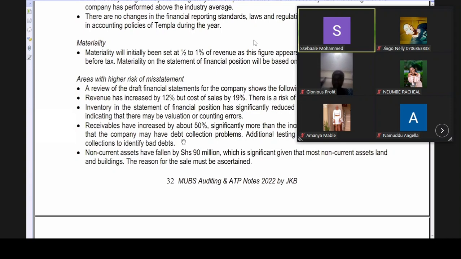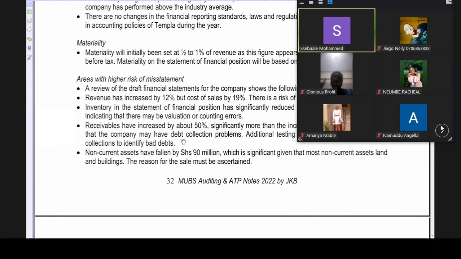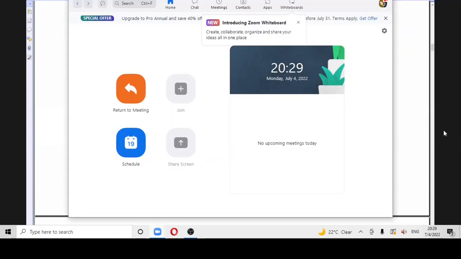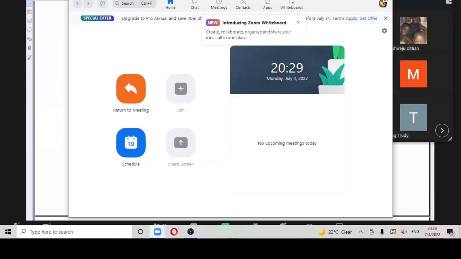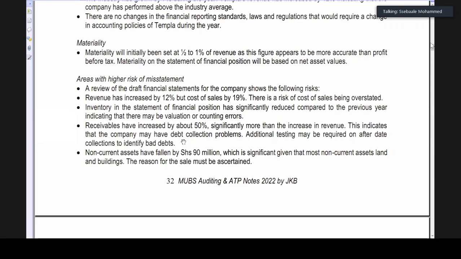Then we look at inventory in the statement of financial position, which has significantly reduced compared to the previous year. Ideally, when the inventory significantly reduces, not in line with the revenue, then there's a possibility of valuation errors, right?